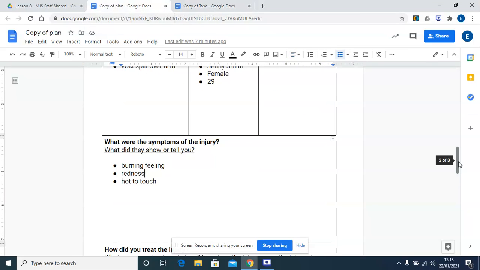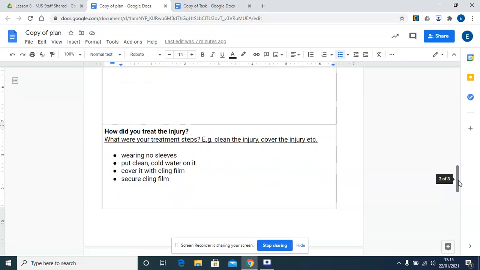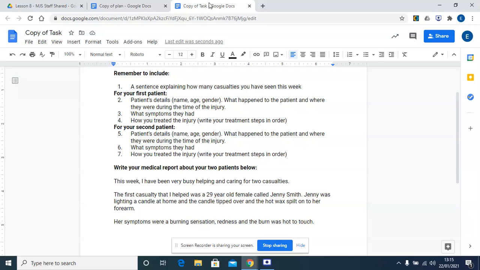If I go down here, I can see that she was wearing no sleeves, and I first put clean cold water on it. So leave a space for the next short paragraph. I checked to see if she was wearing any sleeves, and she was not.